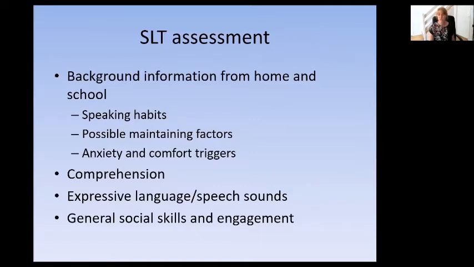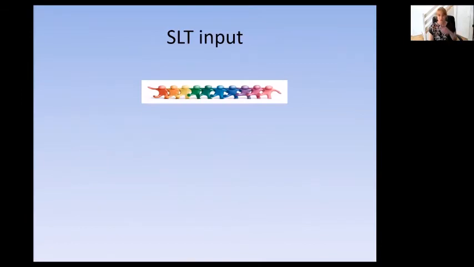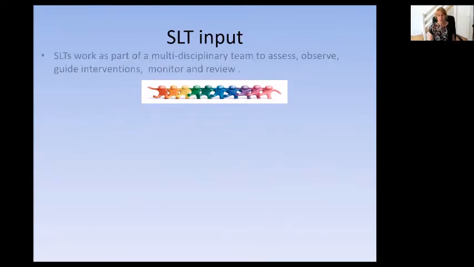So sometimes children will engage perfectly well with us on a one-to-one situation, but other times we do have to expect that children with selective mutism may not want to engage with someone they've not met before. But we can still provide input and advice, and we'll very much listen to the input that parents and teachers will give us.